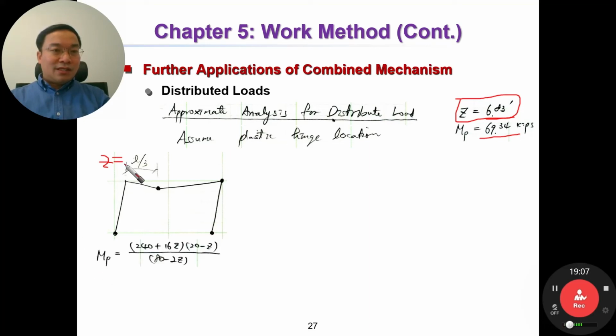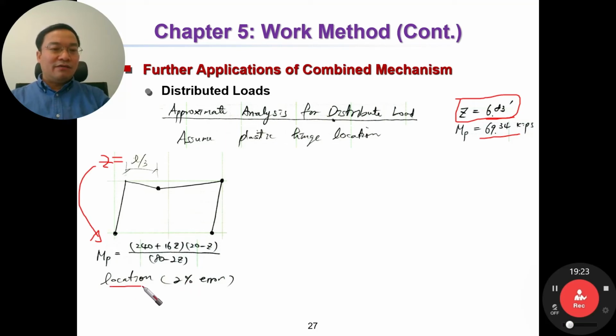With this, we have MP equal to this equation. With this assumption, the location error is only 2%.